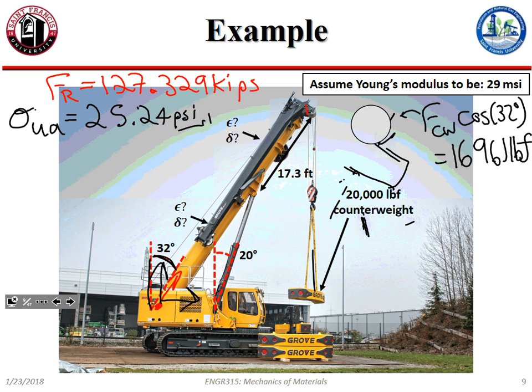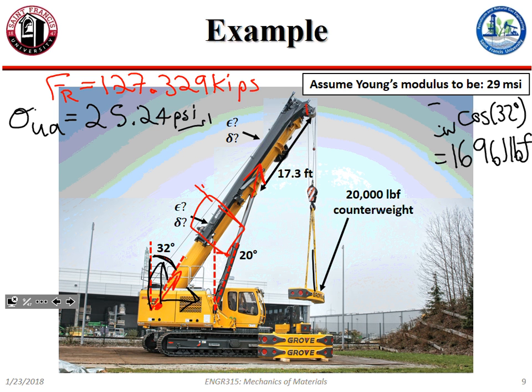What if I took a section now through the bottom half of this arm, so around here? How would I find the forces acting on that? You've got internal reactions here.